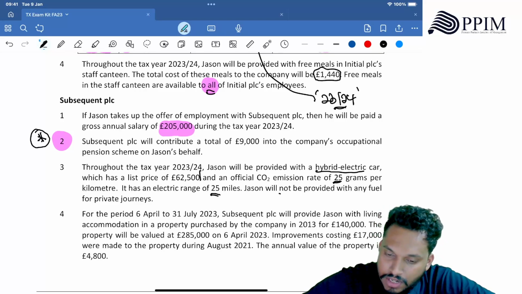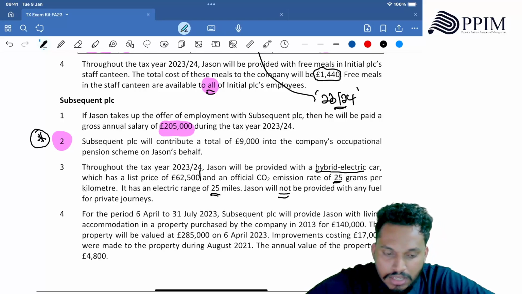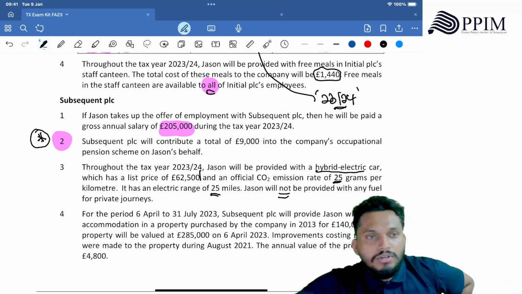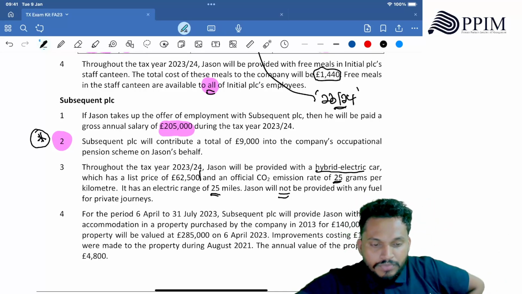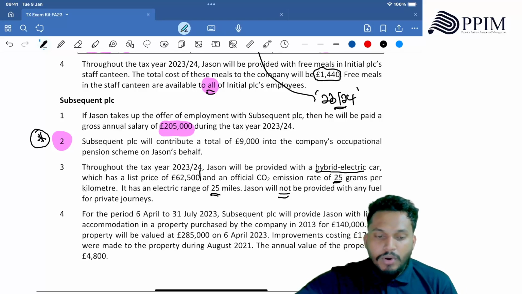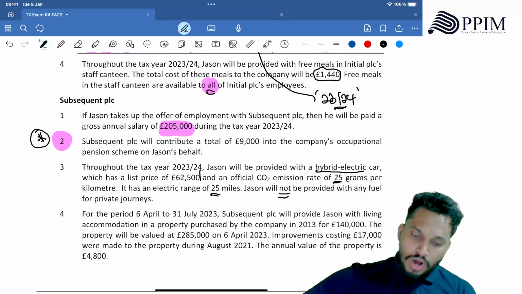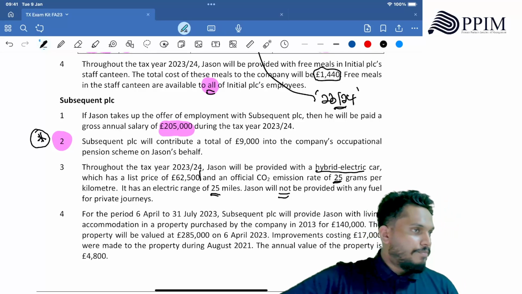Jason will not be provided with any fuel for private journeys. They are telling us that for private journeys they are not going to give any fuel, but he will be provided with an electric car. So you are getting a car benefit here.